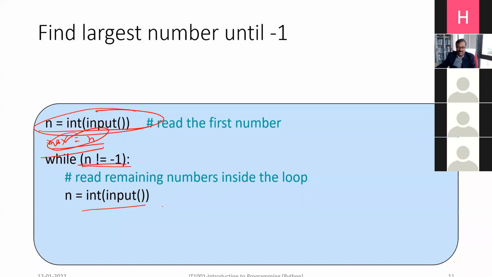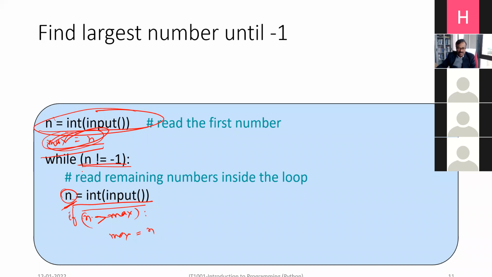So what I'm going to do is read more numbers. I've read the next number, and now I'm going to put this if statement here, which will figure out if this number which we have read, which is stored as the second number when inside the loop for the first time, right, if this n is greater than, let's say, max, then I'm going to make this max equal to n, right?